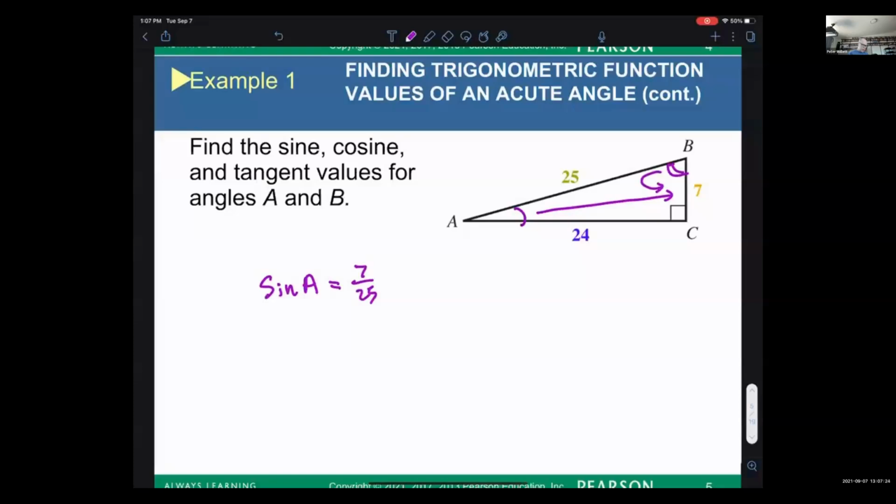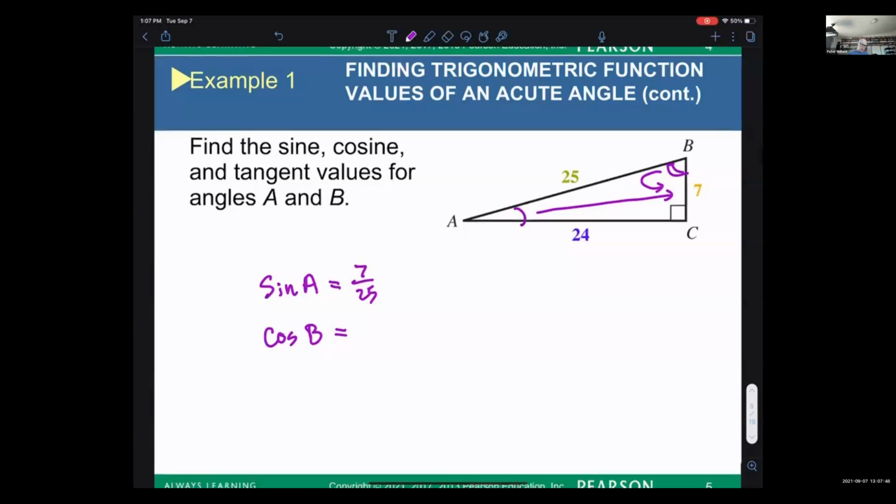Well, what if I switch now and I'm doing cosine of angle B? So I'm switching from sine to cosine, and from the A angle to the B angle. Well, cosine is adjacent over hypotenuse, but adjacent to B is also 7.